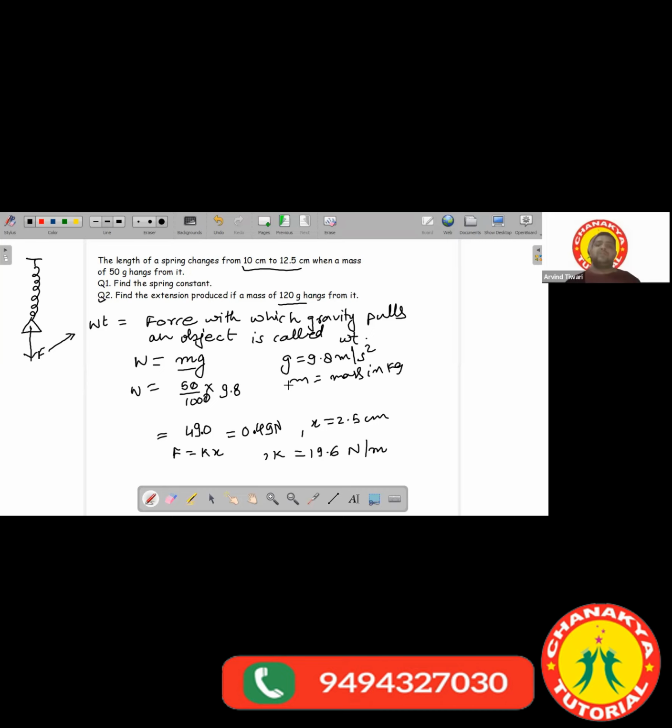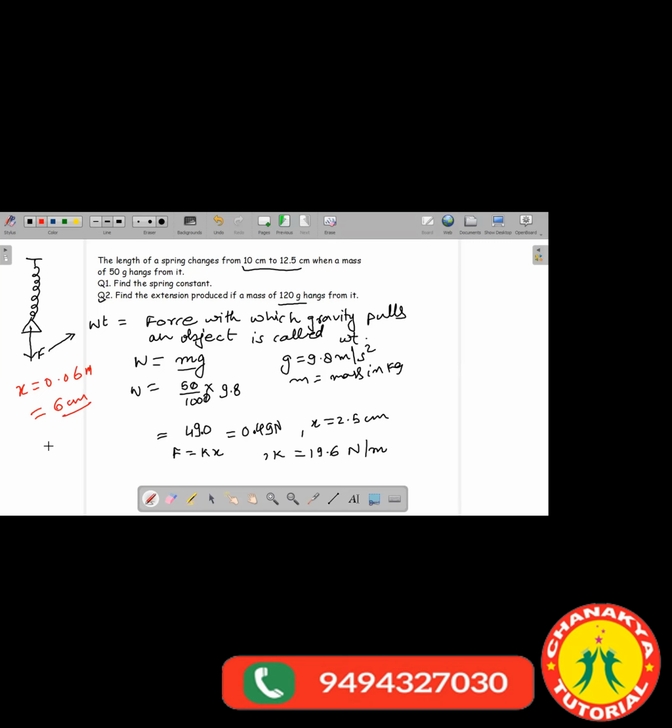So you get 1.17. And this 1.17 divided by 19.6 gives 0.06. So the extension produced here, x, you will get as 0.06 meter. Converting to centimeter, you will have an extension of 6 centimeter.